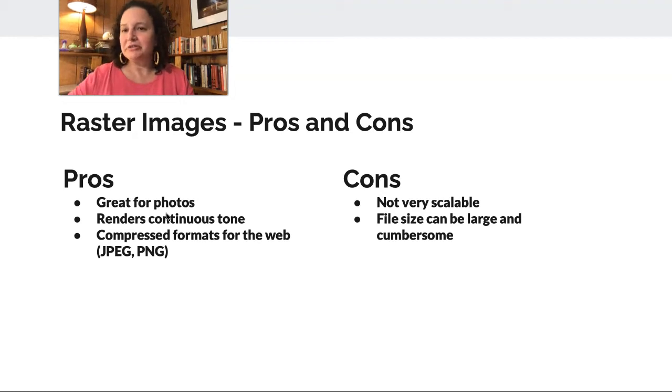It renders continuous tone. If you're looking for photo detail, pixels are definitely the way to go. It also has the benefit of having some compressed formats for the web. You'll see a lot of images on the web using the JPEG format.